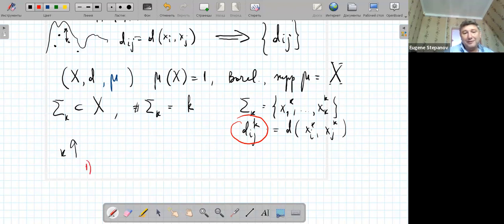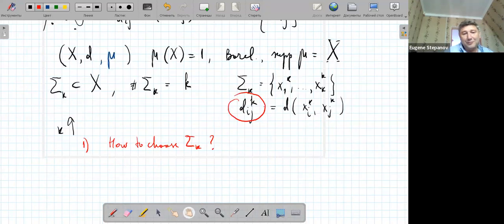So question one is how to choose sigma k. Question two, if it is possible to choose sigma k, is how to reconstruct X, d, mu from the distances.